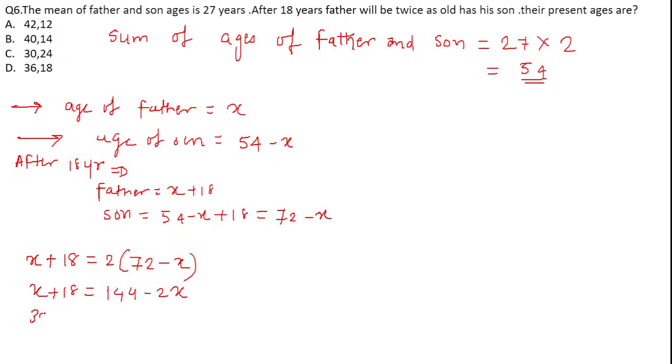Correct. So 3x equals 144 minus 18. So that gives us 3x equals 126. So x will come 42, 126 divided by 3, that is 42. So father's age is 42.